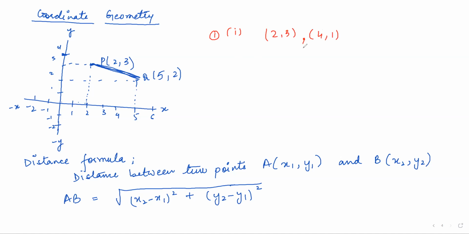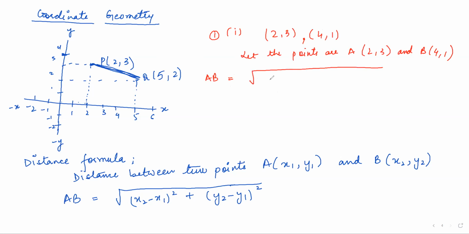First of all, you will name them. Let the points be A, which is (2, 3), and B, which is (4, 1), so that you can write AB. You are finding the distance between point A and point B. So AB will be equal to the square root of (x2 minus x1) whole square plus (y2 minus y1) whole square.